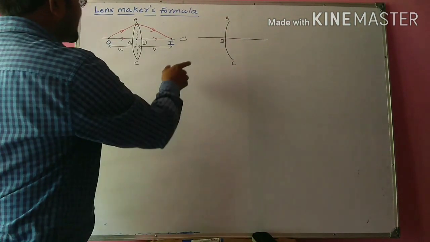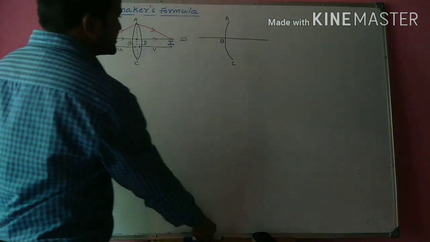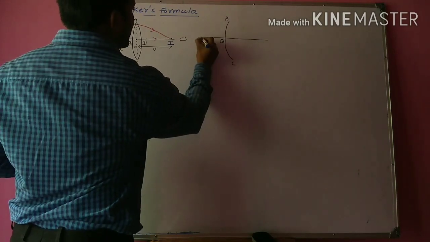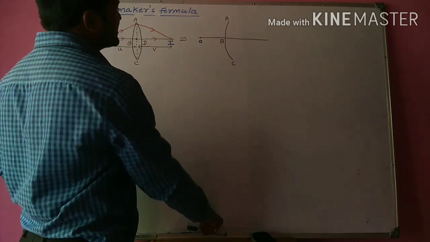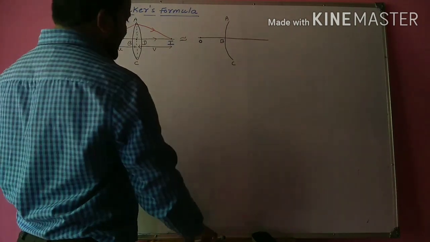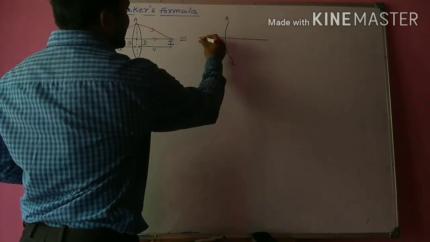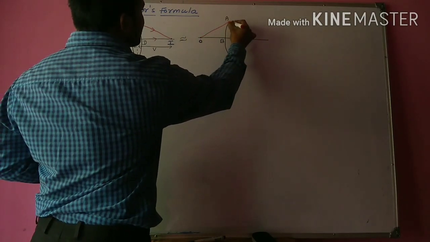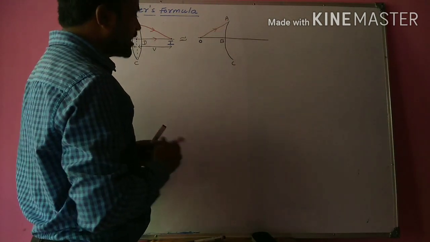As usual, the object is placed at O. This is the point object O. Then a light ray from this object is incident on the ABC surface.